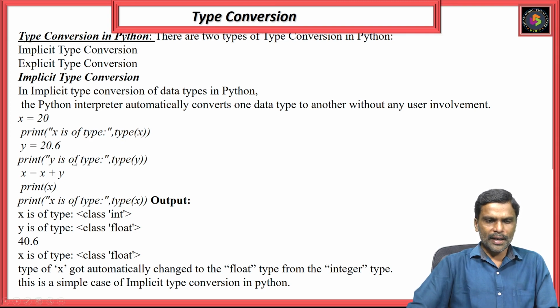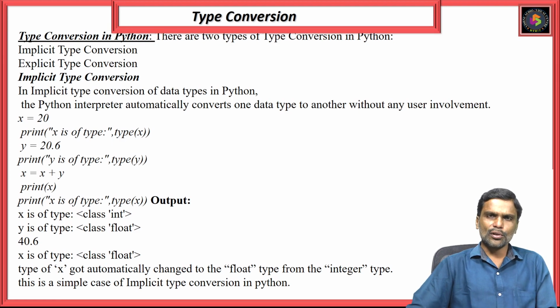Similarly, y is equal to 20.6. We know that is a float value, and the interpreter can automatically understand that this is a float value. We are not defining it here.